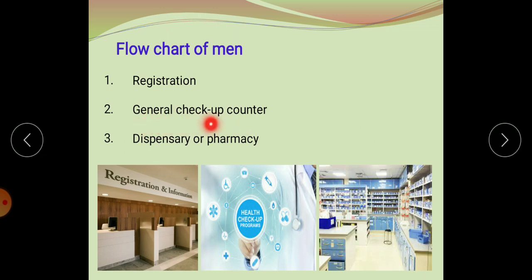After the general checkup, the new patients are referred to the clinical service. After noting the case history of the patients, they can be referred to the specific clinical service. It may be orthopedic, gynecological, neurological, ENT, cardiovascular, or any type of department.